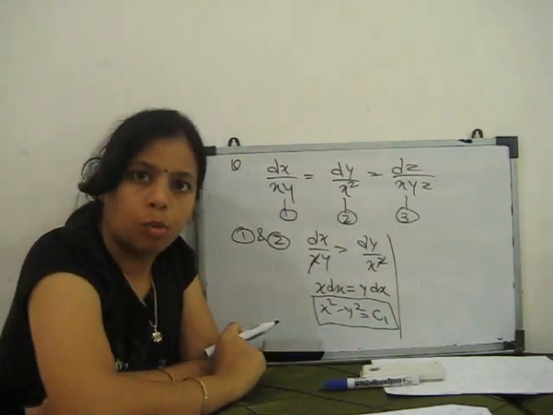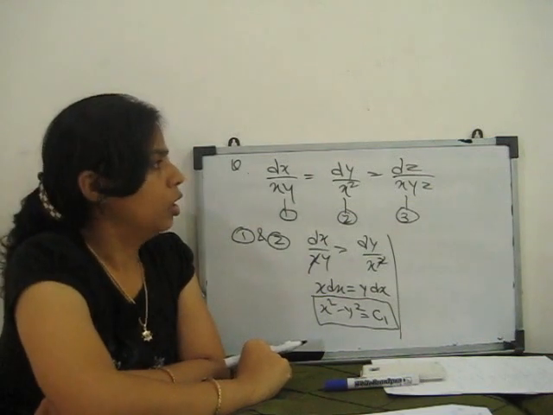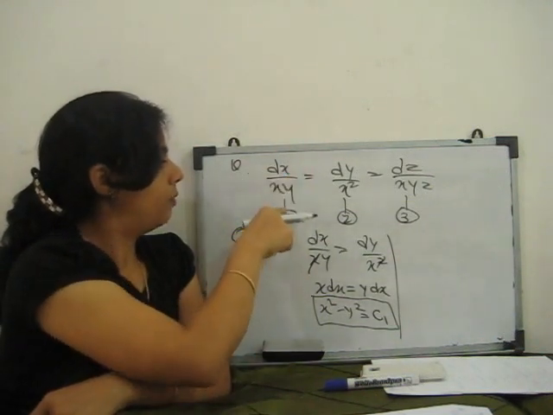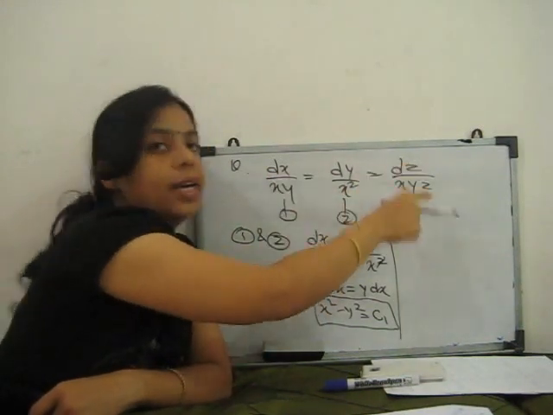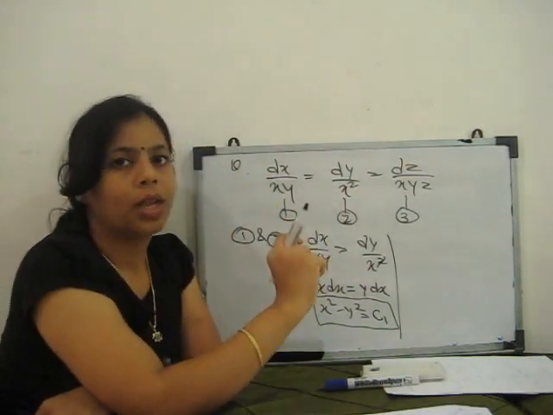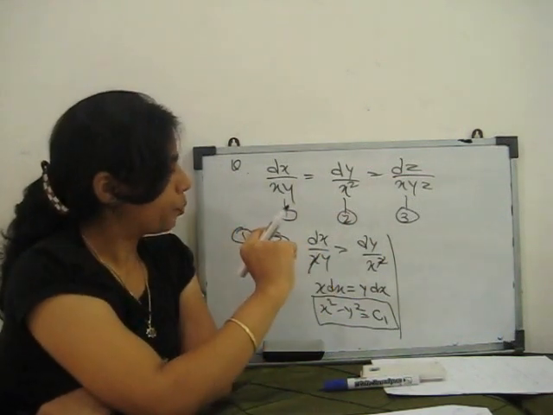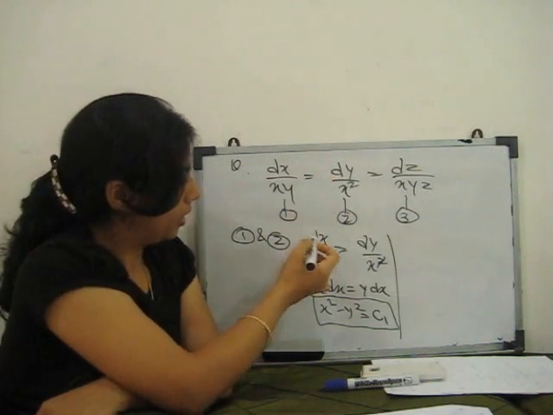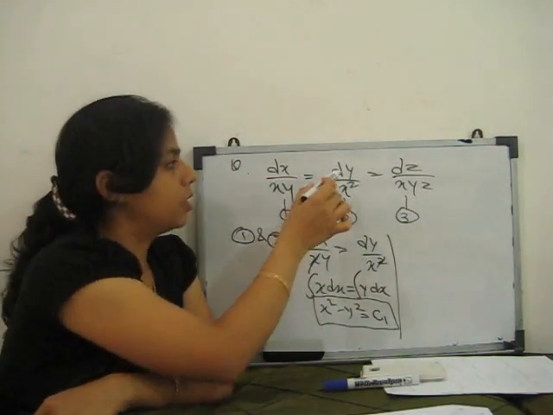Now we want one more constant, since two constants give the solution. So one more, we see first and third. With the first and third, xy cancels out, and dx and dz by z are easily integrable. Here you integrate it, because this is a differential equation.